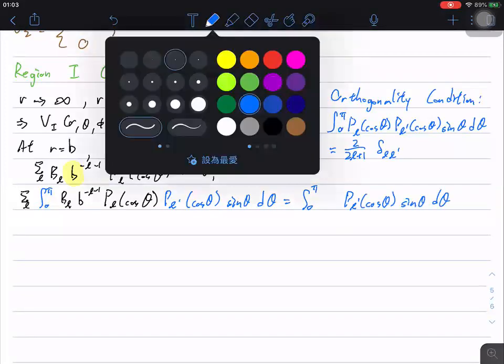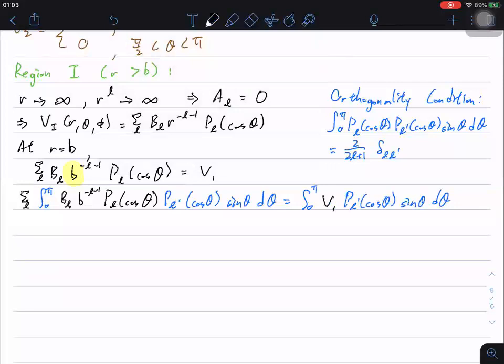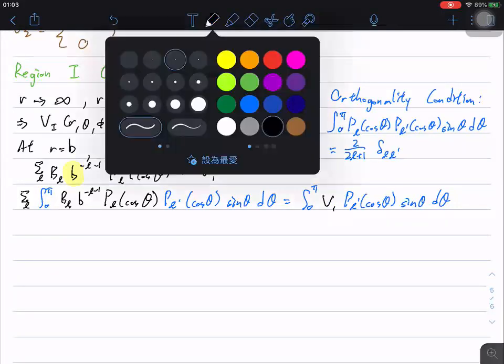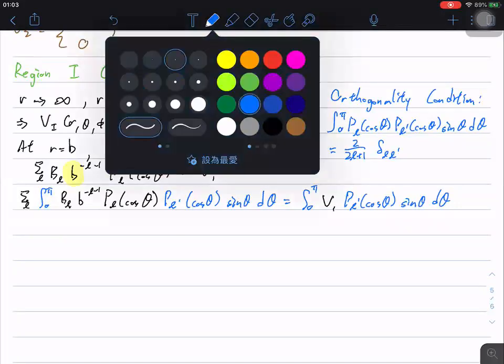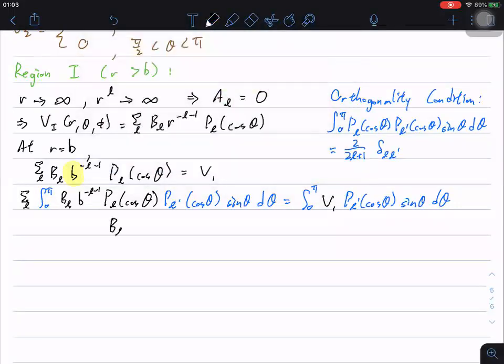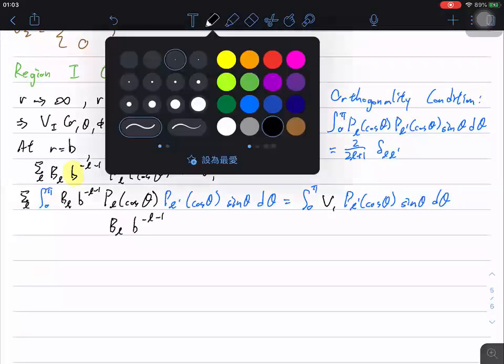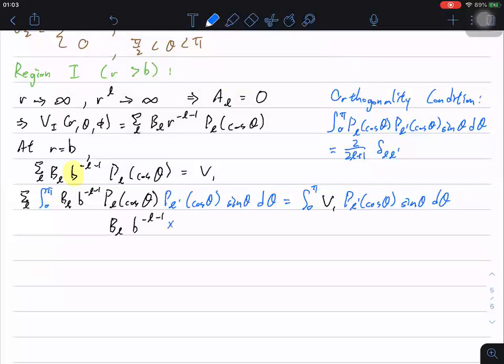Okay, so we have V1 here. In the left hand side, what we are left with is, well, we can move BL and B to the power of minus L minus 1 outside the integration. And for the integration, what we are left with is just the normalization constant, 2 over 2L plus 1.